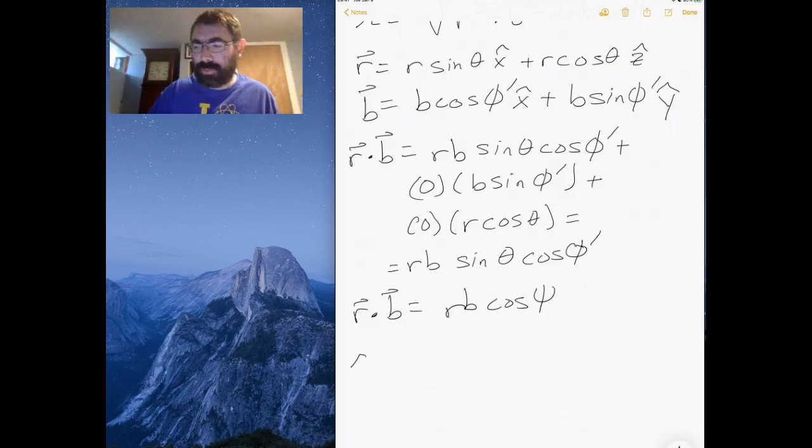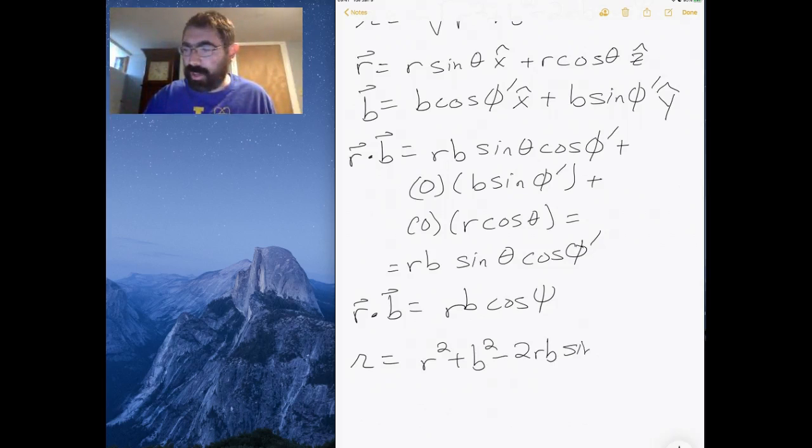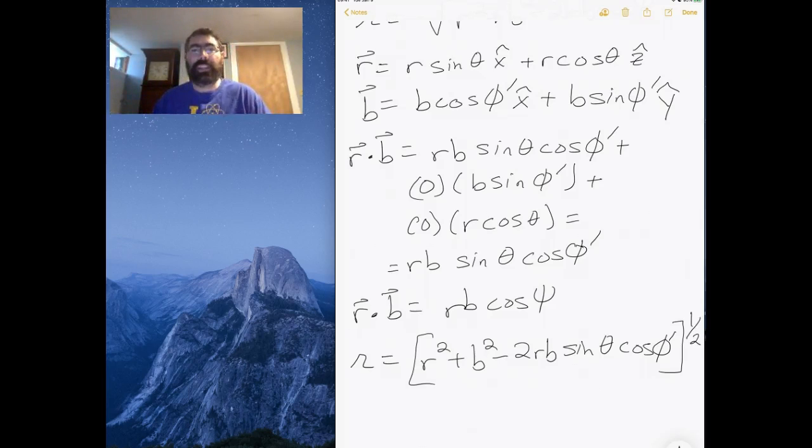Instead, for cosine psi, I'll use sine theta cosine phi prime. So that would give me the square root of r squared plus b squared minus 2rb sine theta cosine phi prime. Okay, so all I did in that exercise was to eliminate using the angle psi. I want to use everything now in spherical coordinates of r, theta, and phi.